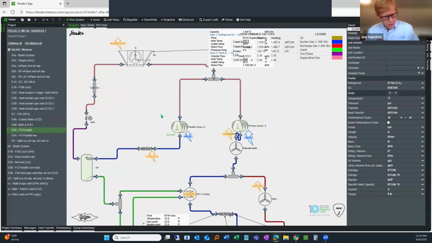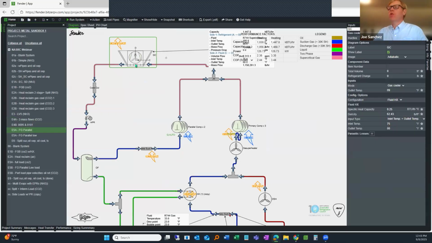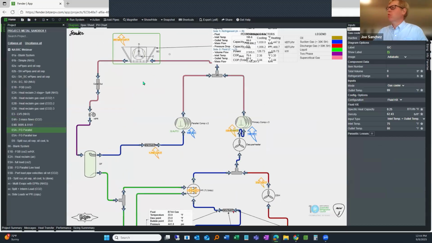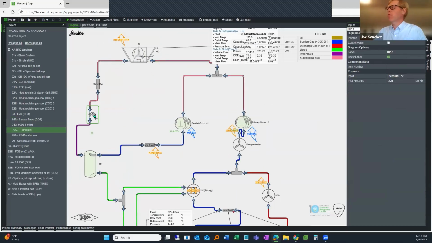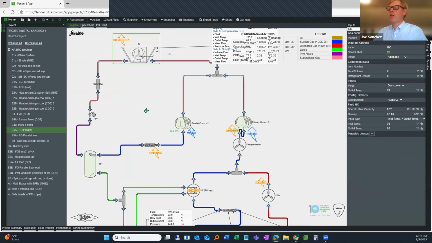Here I just wanted to look at pipe velocities and going from full load to low load. So this is a CO2 system, gas cooler running pretty high pressure, 1225 discharge pressure and 89-degree outlet temperature.